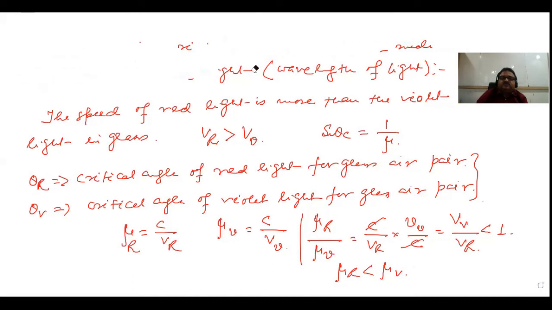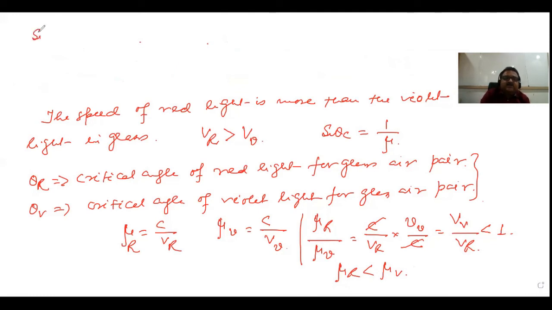Now, let's do it in this way. Sine of theta r is equal to 1 by mu r. Let's make it equation 1.